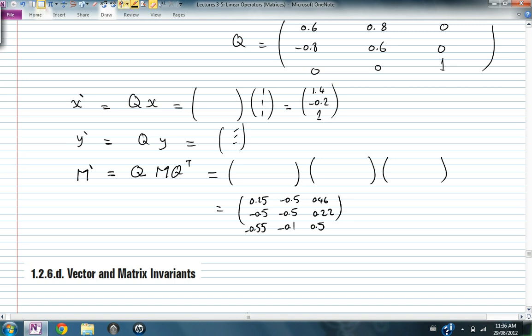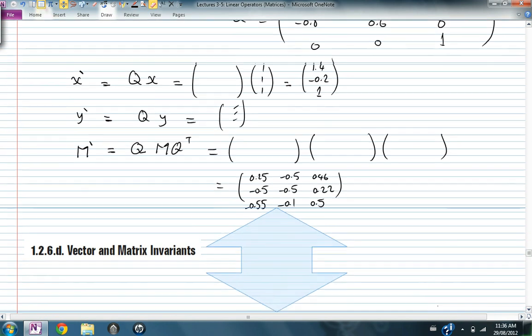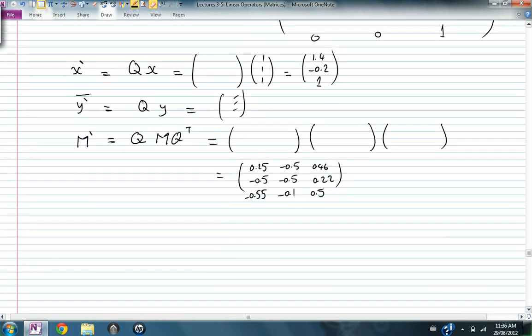Now I'm going to do an extra step here just to verify that indeed my work is correct. I've calculated y prime using Qy. Now remember what y was. This is x. Y was equal to a matrix multiplied by x. That's in the old coordinate system.